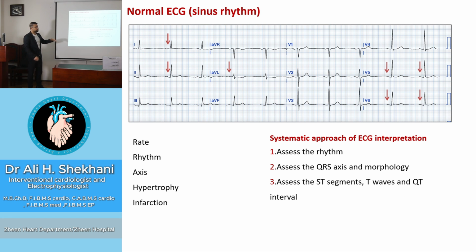If it is negative, it means it is not coming from the sinus, something we call an arrhythmia. The second step is to assess the QRS axis and morphology. And the third step is to assess the ST segment, T wave, and QT interval. So if you apply these steps to every ECG, I think you can interpret properly.